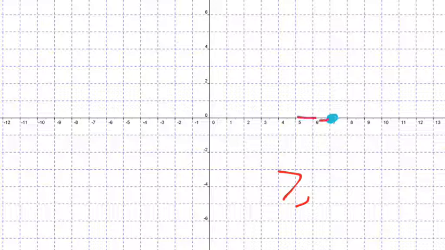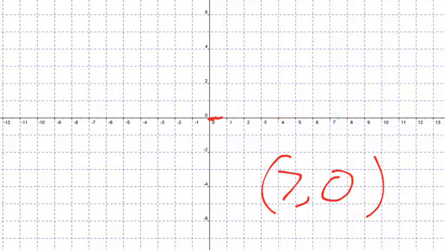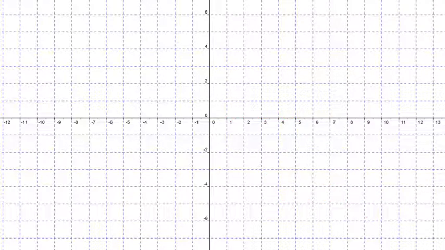Well, we walk, and then we hit the famous 0 mark. The ordered pair of that one is 7, 0. Make sense? For some reason, those zeros are always the ones that get people.